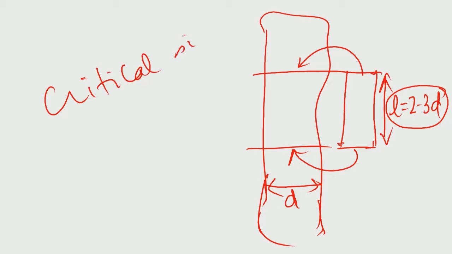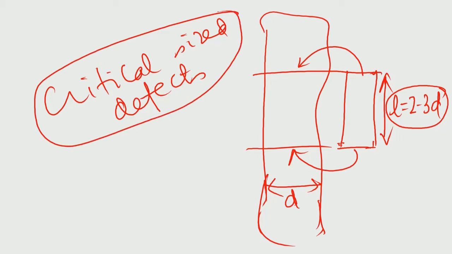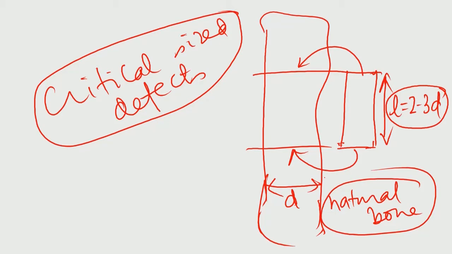Now, one of the challenges in orthopedic research is to establish whether these critical size defects can be healed using synthetic or artificial biomaterials. So, I repeat, this is your natural bone structure, a large long bone like the femur.